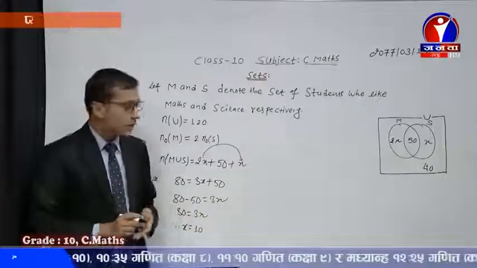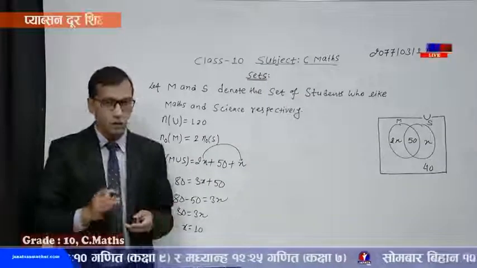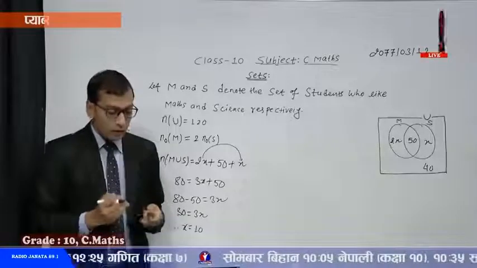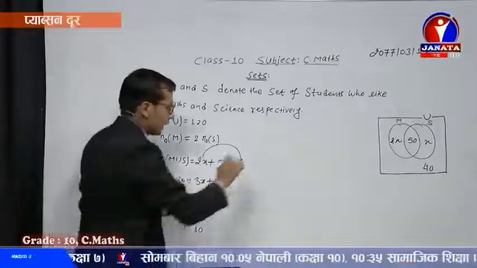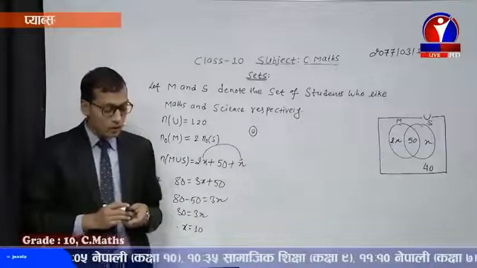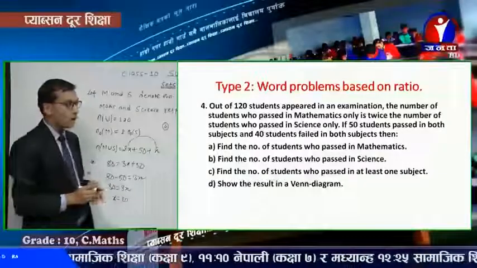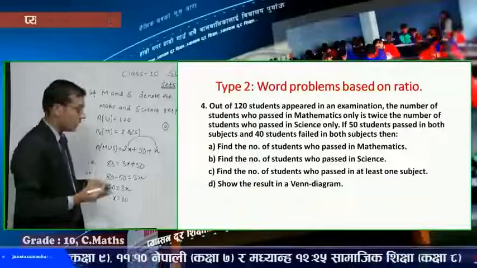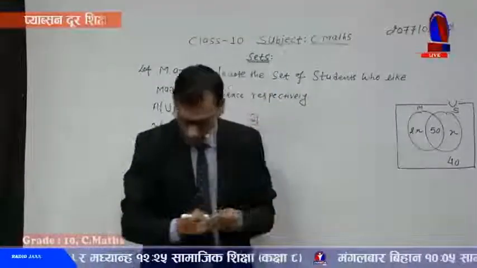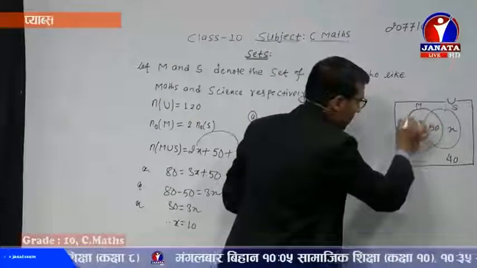Now after finding the value of x, we can solve the other questions which are asked in the question. The first is number A. Here we are asked to find the number of students who passed in mathematics. So let's look at the diagram and the subset of math.